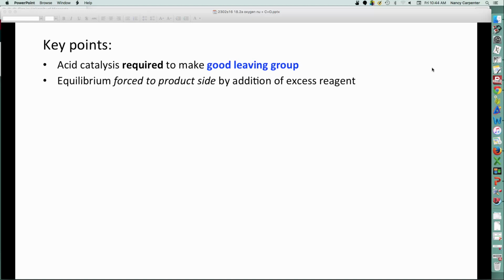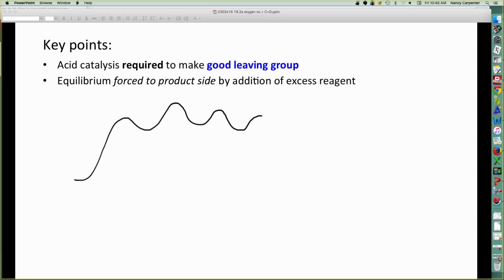And most importantly, since the whole thing is all reversible, you have to have a huge excess of your solvent to push the product all the way to the right. Remember that we're talking about an enormous number of steps here, and they're all pretty similar. But ultimately, you're going to end up at a stable final product. And all the rest of these are equilibrium.